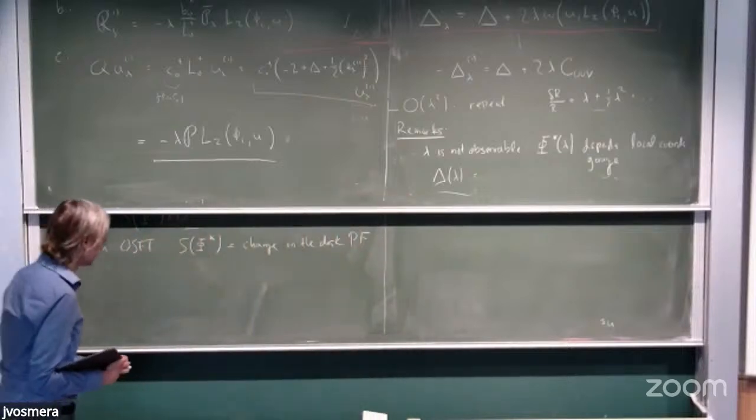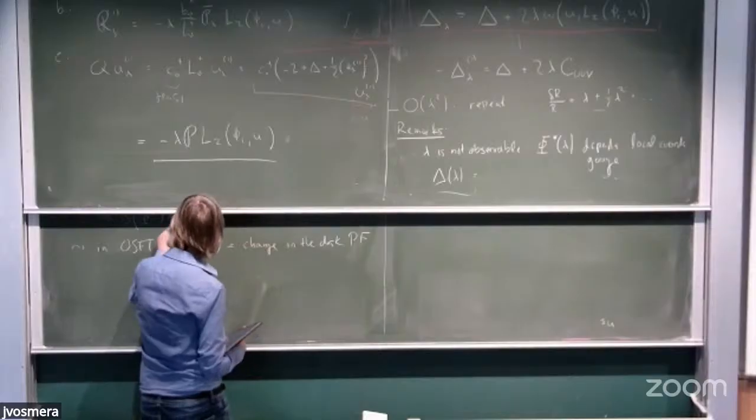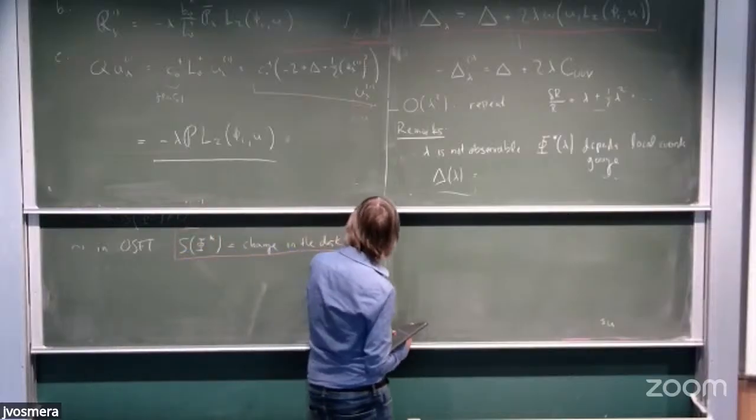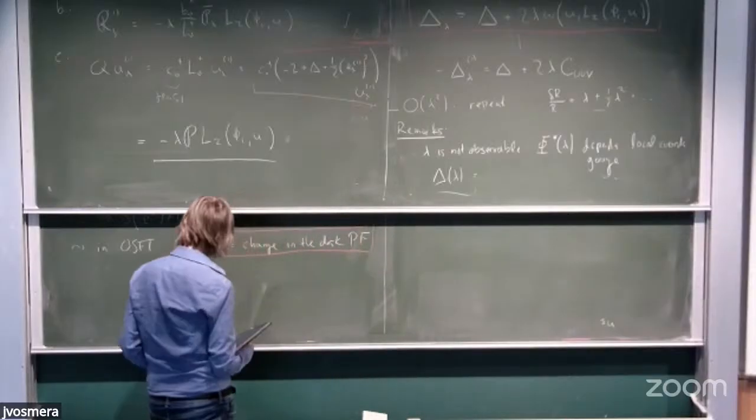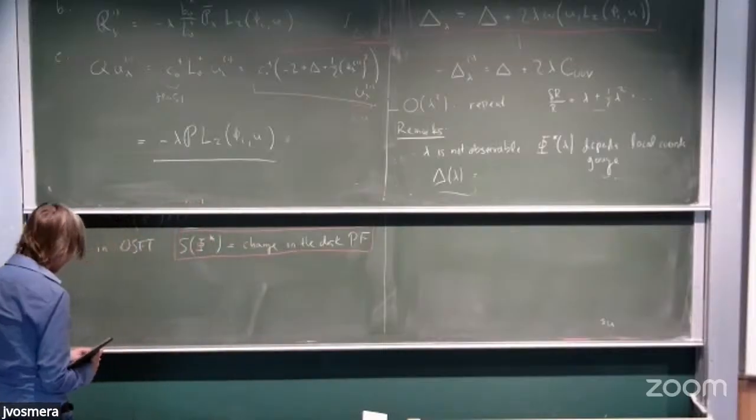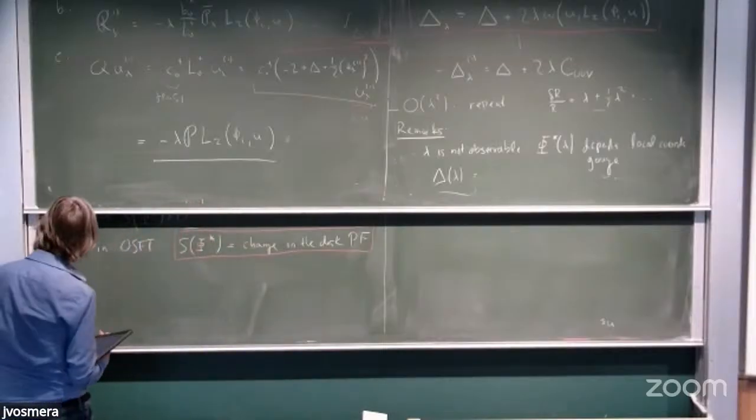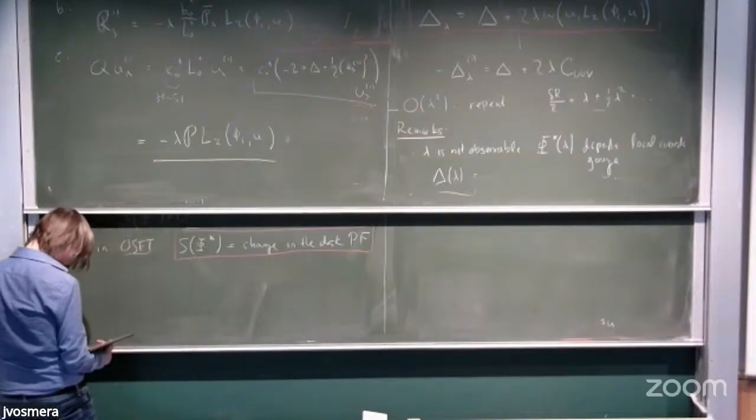This is what people call the Sen conjecture. You can call it a conjecture or theorem depending on what your level of rigor is, to what extent you believe the proofs.